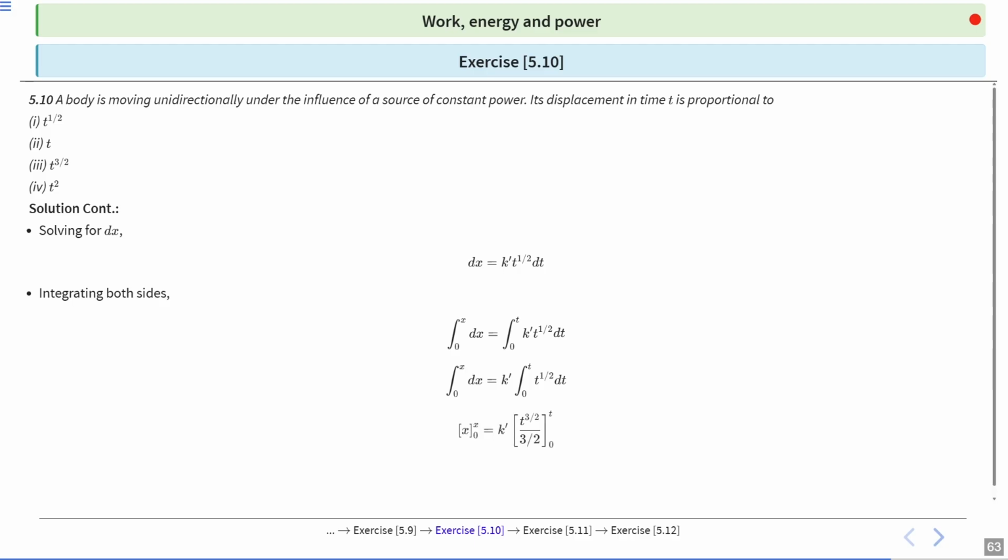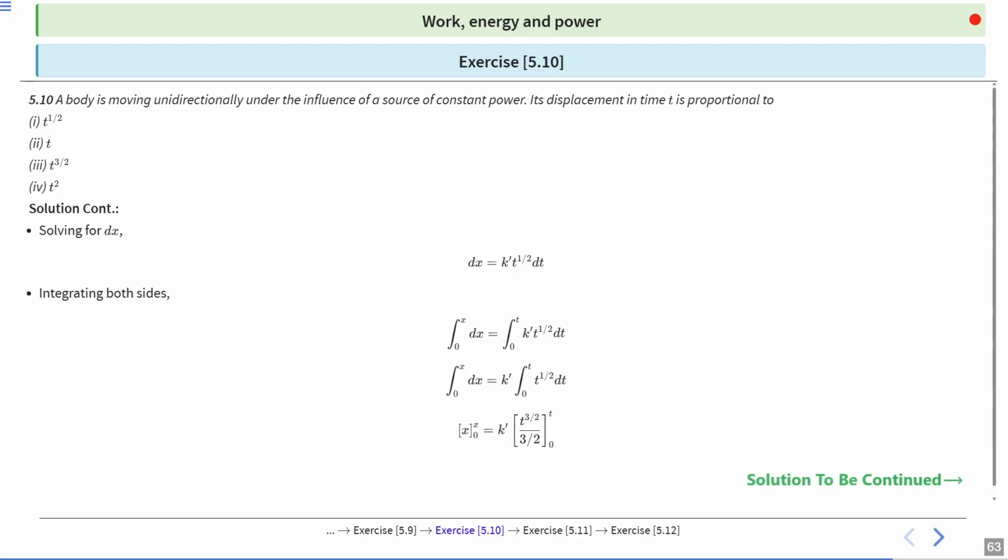After solving the integration, x with lower limit 0 and upper limit x is equal to k prime times the integration of t raised to the power 1 by 2, which is t raised to the power 3 by 2 divided by 3 by 2, with limits 0 to t. This is just mathematical calculation.